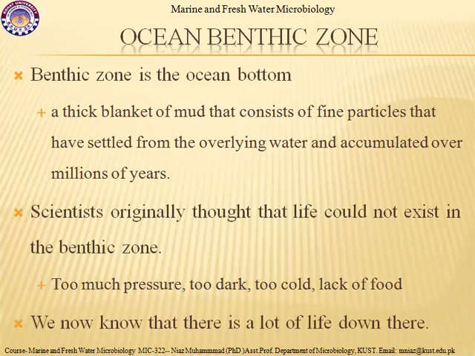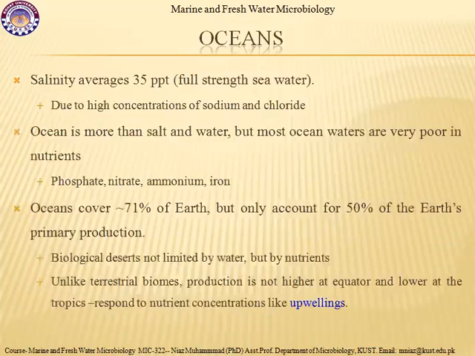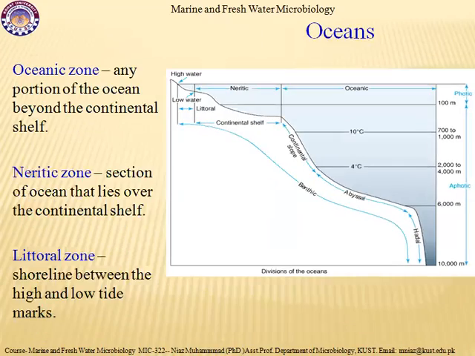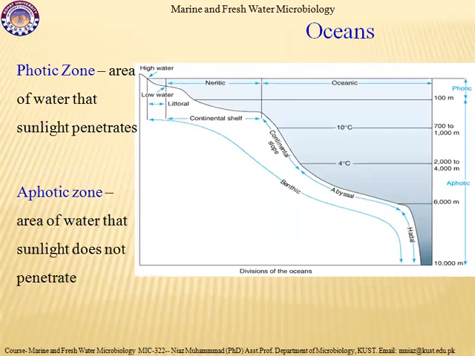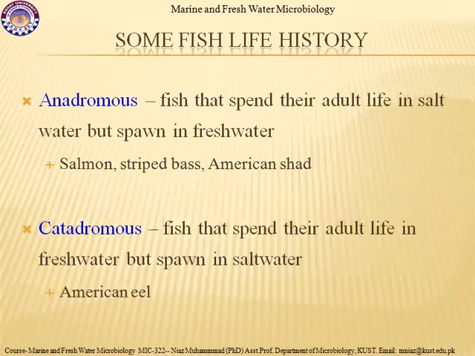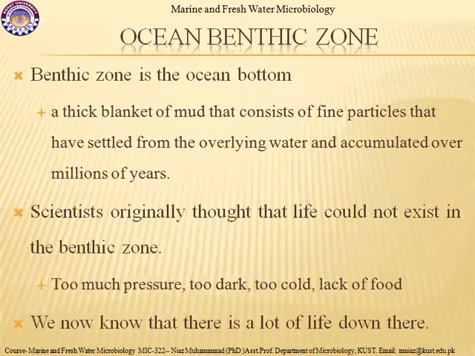If you see the picture, this is almost the benthic zone. So we are talking about this. This was productive zone, this was productive zone, this was oceanic zone, and it has a complete base. So here we are talking: benthic zone is the ocean bottom.